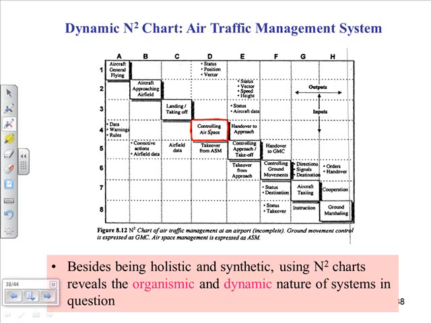Okay, when the aircraft is approaching a given airport, it has to be controlled by another system which deals with approaching or aircraft that is taking off. Okay, once the aircraft lands, the control is given to another system, which is in this case represented as controlling ground movements of aircraft at an airport.